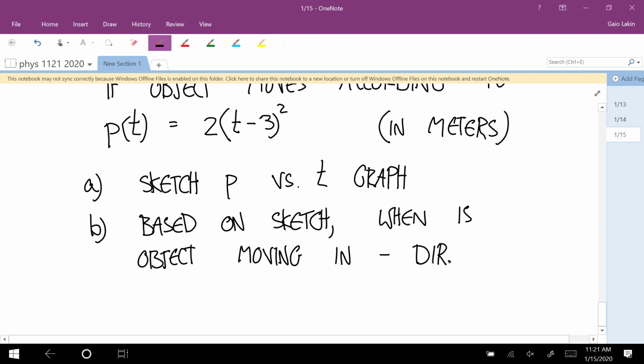So when's it moving in the negative direction, the positive direction, and when is it at rest?